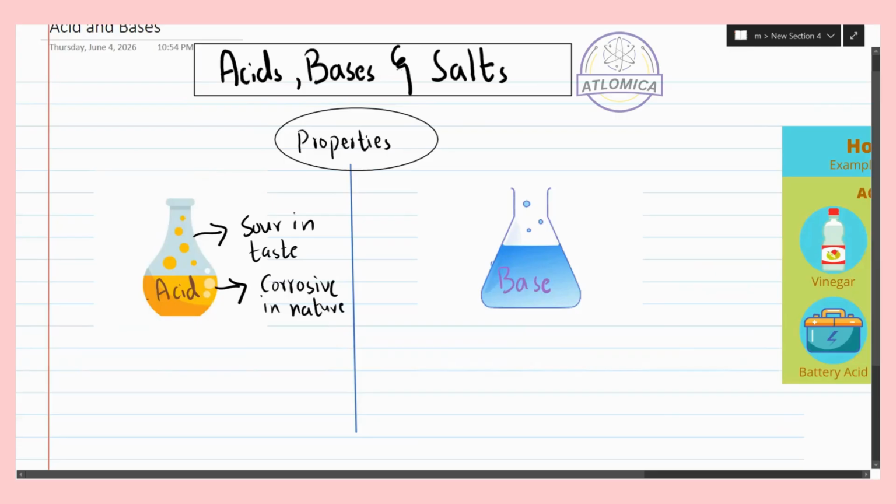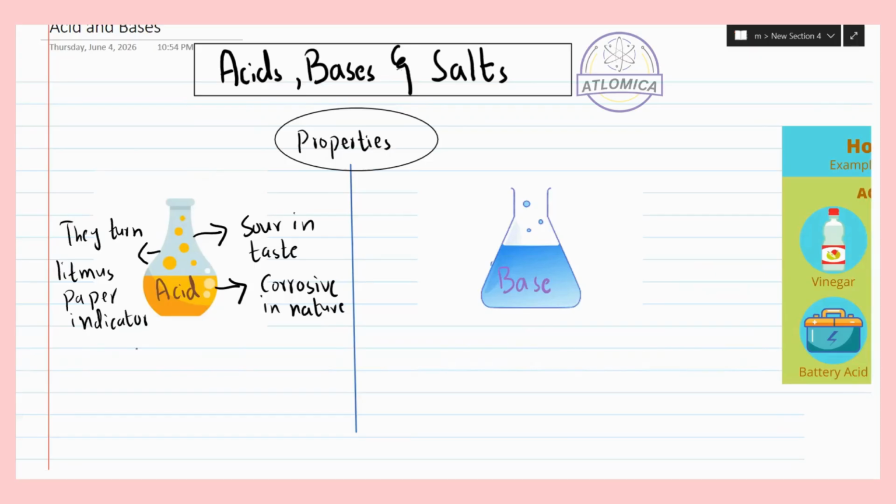And third and most important, what classifies an acid and base is that acids turn litmus paper indicator. What is a litmus paper indicator? A litmus paper indicator is a paper that you dip in a solution that changes color based on whether an acid is present.